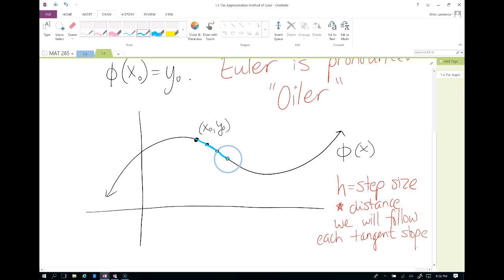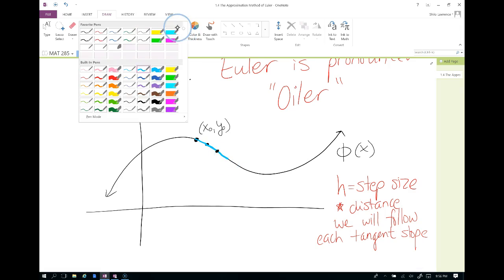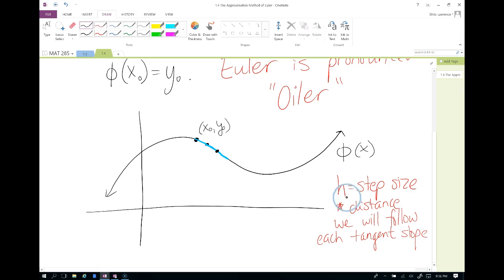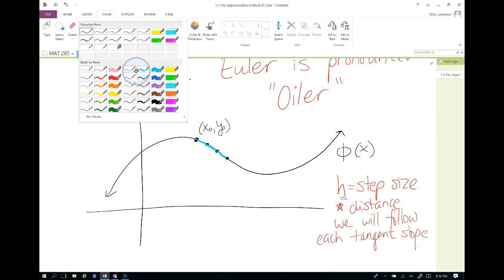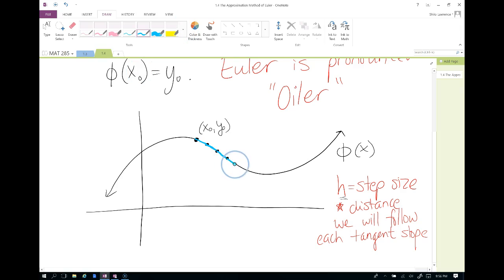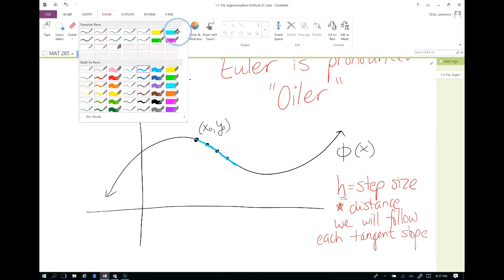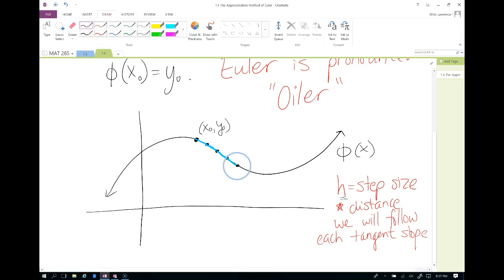Follow your tangent slope for your specified amount, which takes you to a new spot, and then reevaluate your tangent slope. Take you to a new spot, reevaluate your point, get a new tangent slope.